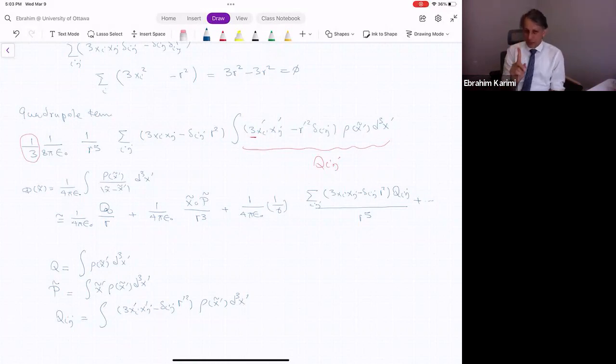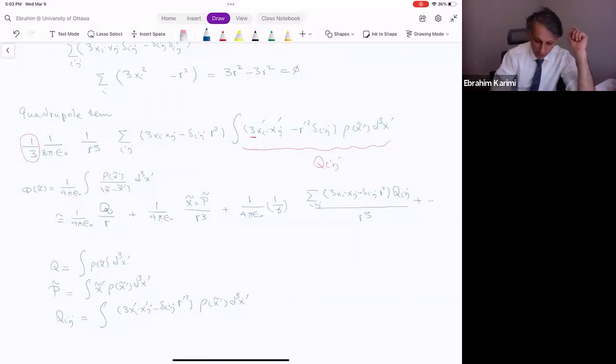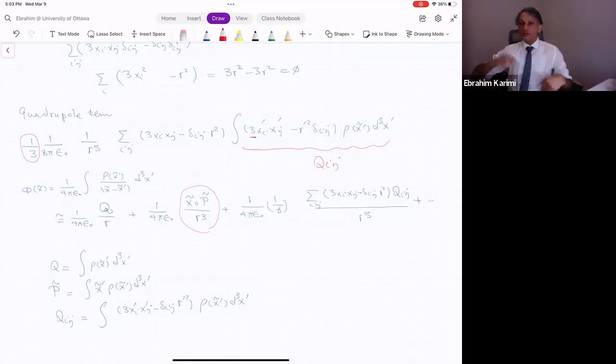Don't get confused. The potential doesn't go as 1 divided by r and suddenly jump to 1 divided by r power of 3. Okay? Look at the potential. It is x divided by r power of 3. So if you look at the dimensionality, it will be 1 divided by r power of 2.